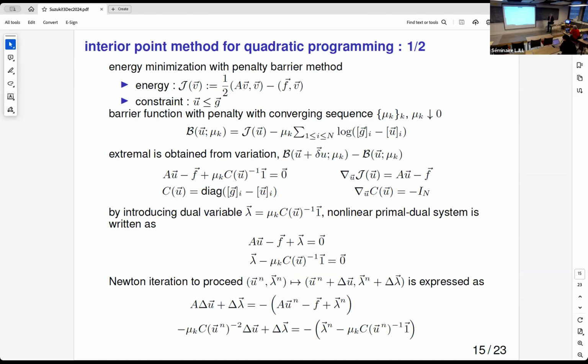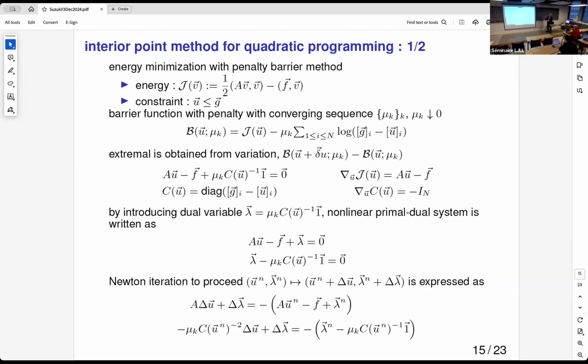What is difficult here? This is a nonlinear minimizing problem, and I can take the extremal by taking the derivative, taking the variation. Here J corresponds to A minus F. This part is logarithmic, but if I take the variation, the logarithm is changed to 1 over something. So this C inverse is the diagonal entries of this matrix.